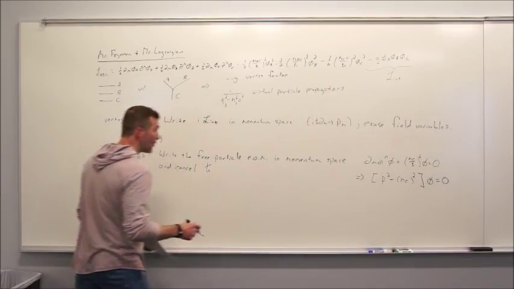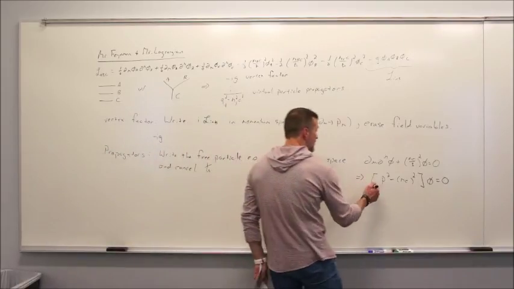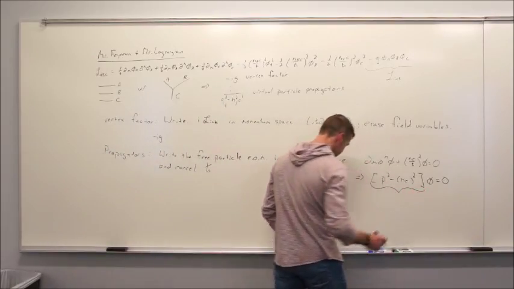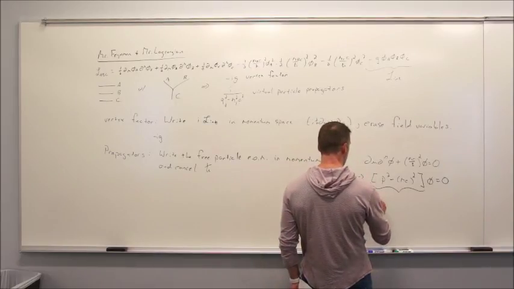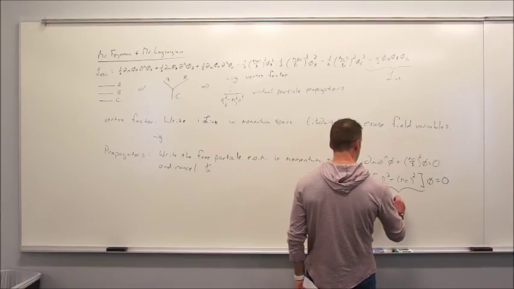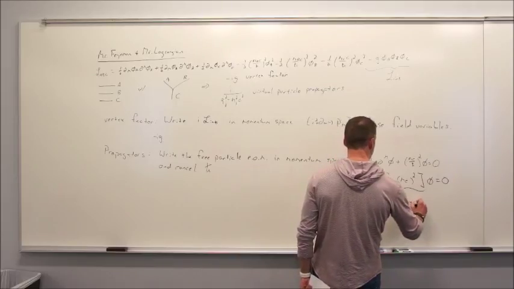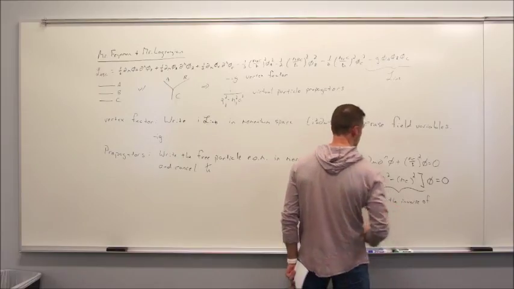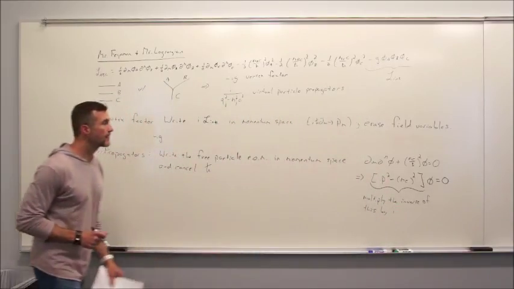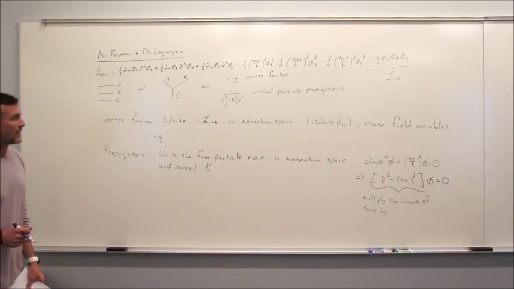And then once you've done this, you take this guy and you multiply the inverse of this by i to get the propagator. And there you have it.